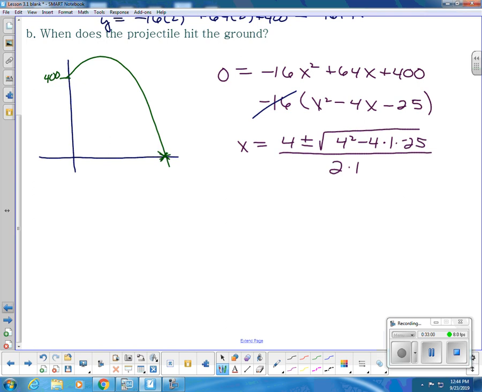So using our handy-dandy calculators, this ends up being 4 plus or minus the square root of 116, divided by 2.